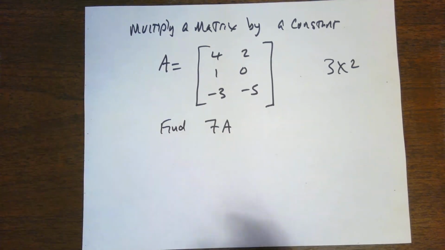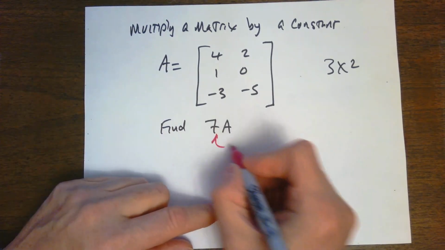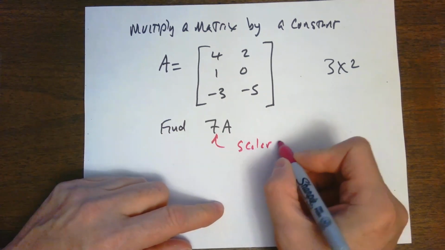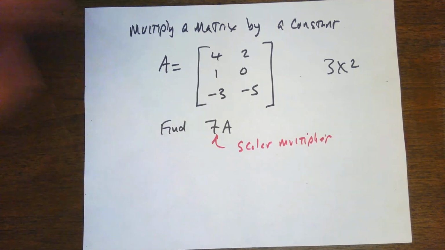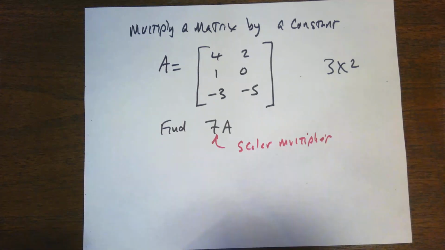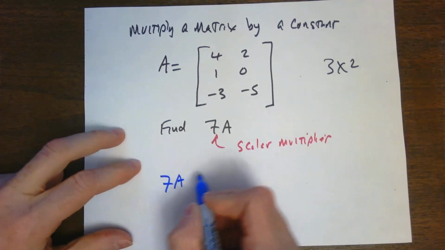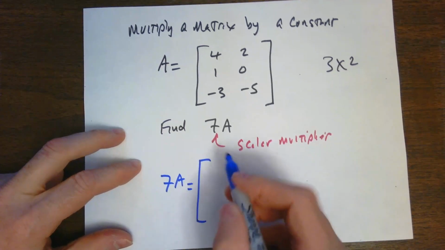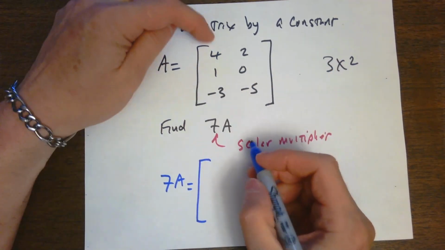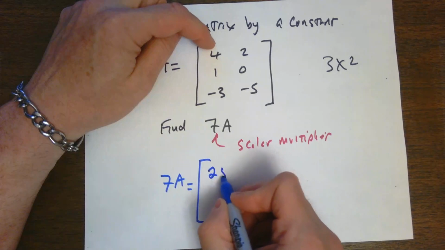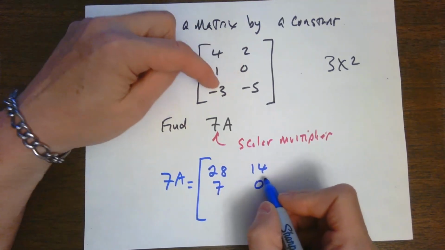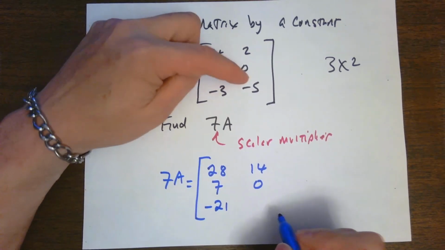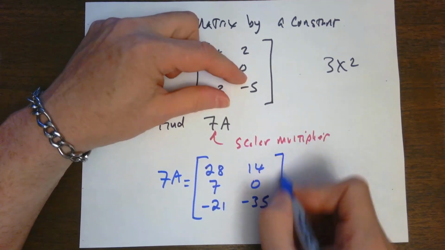Now, when I multiply a matrix times a number, the 7 actually has a special name. It's called a scalar multiplier. And that's just a fancy way of saying a constant times a matrix. So taking a scalar times a matrix really is as easy as just taking the 7 and multiplying it by all the entries. 7 times 4, 28, 7 times 2, 14, 7 times 1, 7, 7 times 0, 0, 7 times negative 3, negative 21, 7 times negative 5, negative 35.